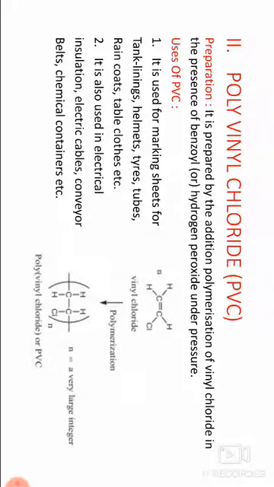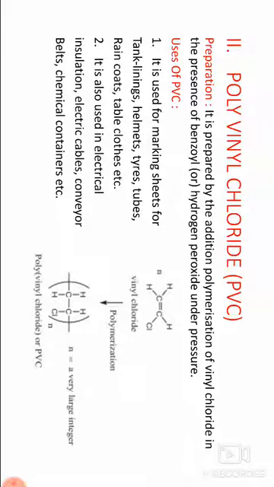Then next, polyvinyl chloride preparation. It is prepared by the addition polymerization of vinyl chloride in the presence of benzoyl peroxide or hydrogen peroxide under pressure. The ethylene molecule contains 2 carbons and 4 hydrogens; remove one hydrogen and add chlorine, and this is called vinyl chloride.